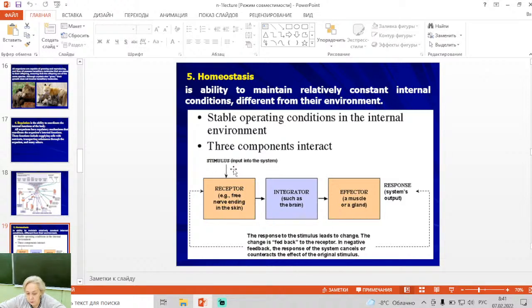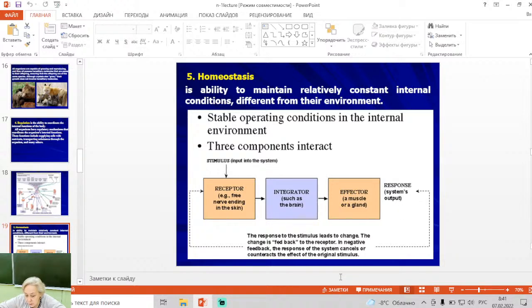A stimulus is input into the system and influences the receptor. The receptor is a free nervous ending in the skin, for example. The integrator is such as the brain, and the effector a muscle or a gland. And the response is the system's output.